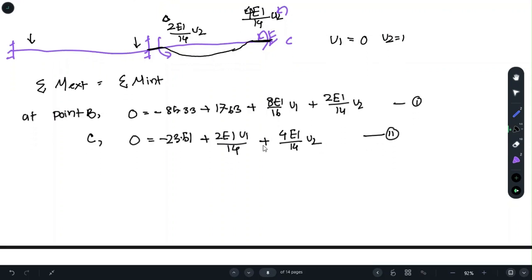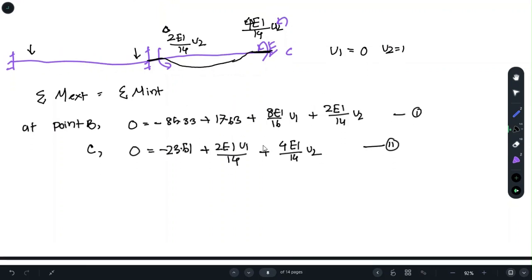Now you can use a calculator. Let's say EI u1 is x and EI u2 is y. You can put these two equations in the calculator and find the values.